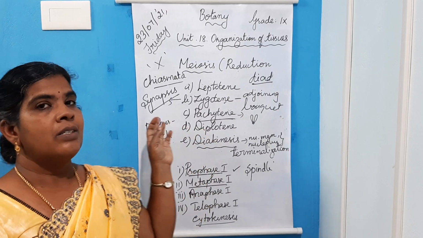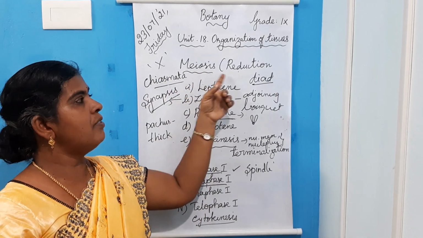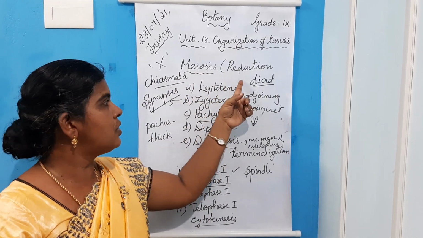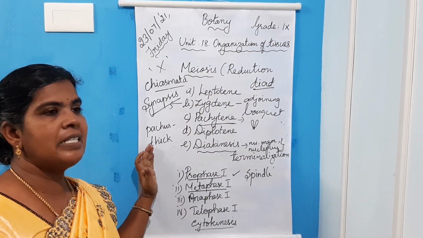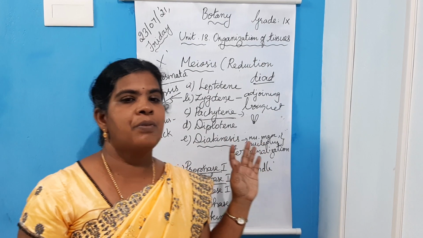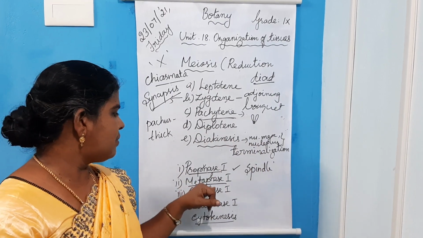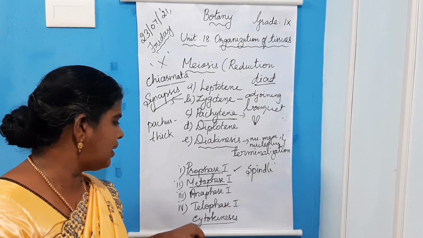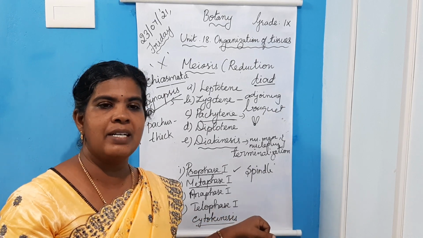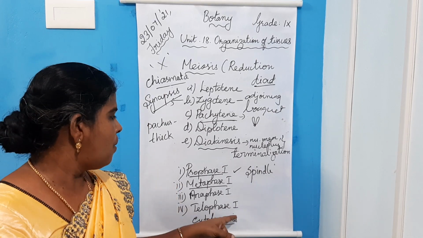Children, listen. Meiosis cell division is also called reduction division. It includes certain phases: prophase 1, metaphase 1, anaphase 1, telophase 1, followed by cytokinesis, the division of cytoplasm.